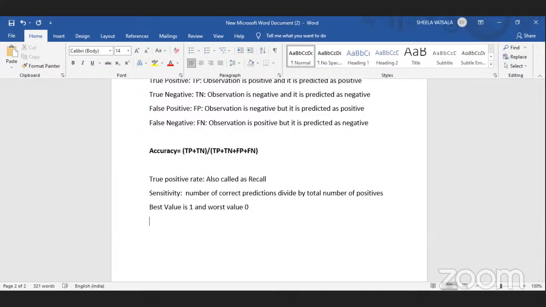Next, we have true negative rate, which is called specificity. What is specificity?